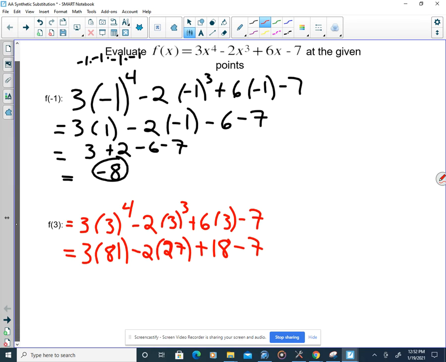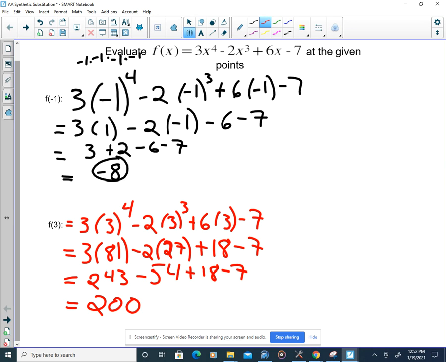So after that, 3 times 81 ends up being 243, minus 2 times 27, which is 54, plus 18 minus 7. And when you add and subtract all of these numbers together, it ends up being 200.